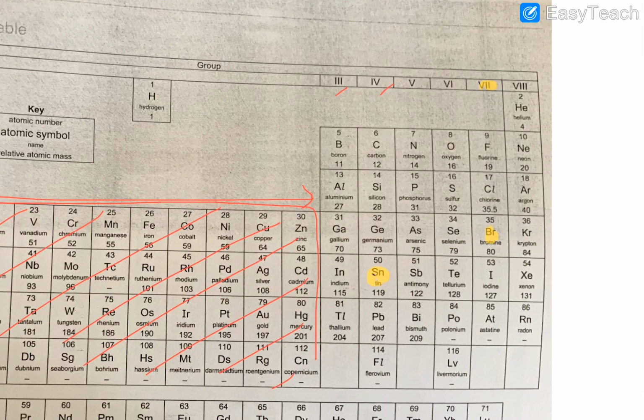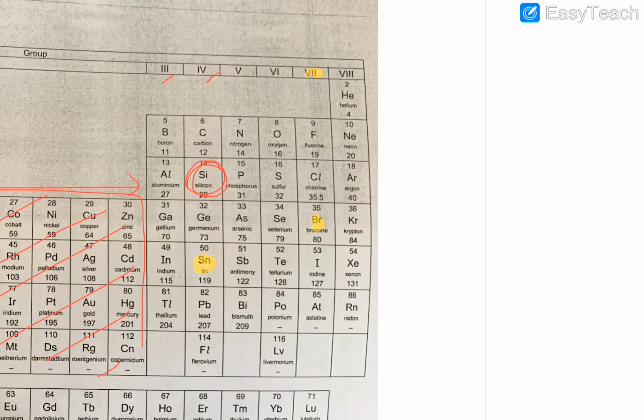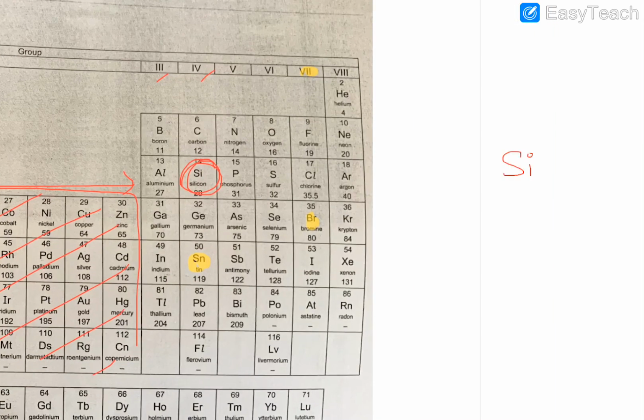Okay, let's see. You want to find the electronic configuration of silicon. Let's say I don't know how many electrons or protons it has, I don't know the atomic number, anything. I just know its position in the periodic table. So silicon, Si.